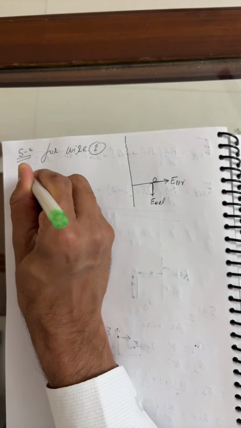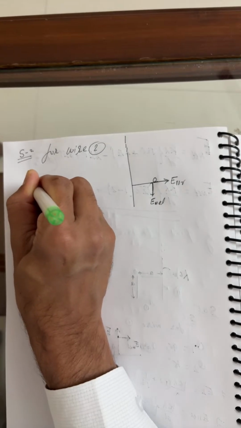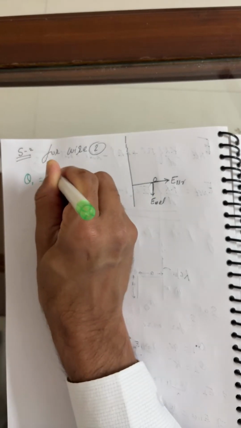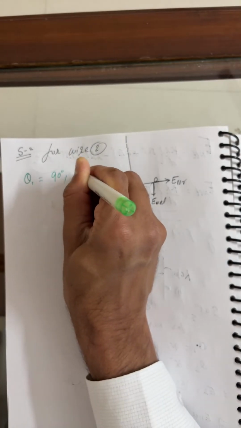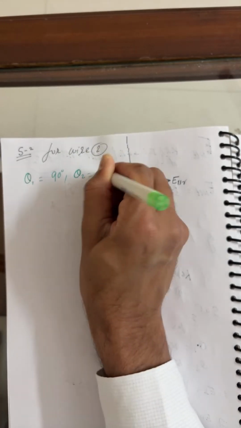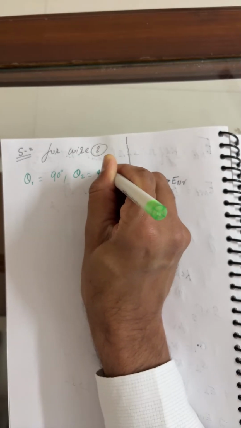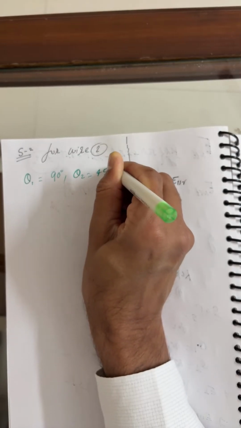This is theta 1, which equals 90 degrees. Theta 2 is basically 45 degrees.